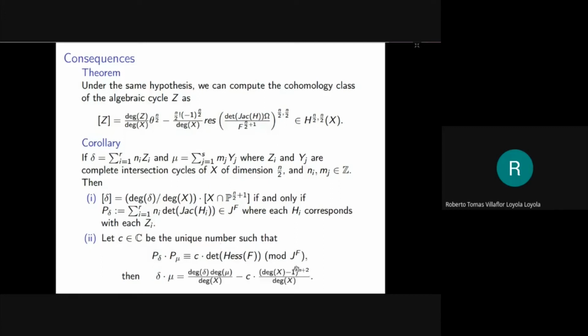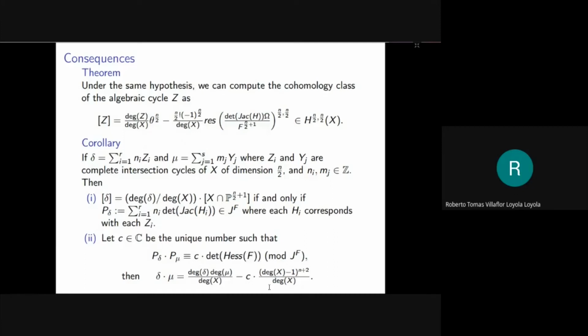So we obtain a nice formula which can compute the intersection number of two algebraic cycles in terms of the explicit defining equations supporting each cycle, right? So this number c is depending on the equations of each Ci, each Yj, and the equation of f.